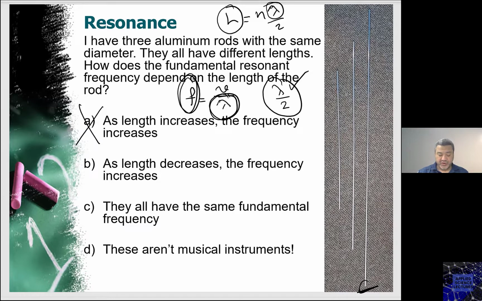So this is wrong. As length decreases, the frequency increases. This is correct. They all have the same fundamental frequency. This is wrong. These aren't musical instruments. Wrong. So the answer is B.